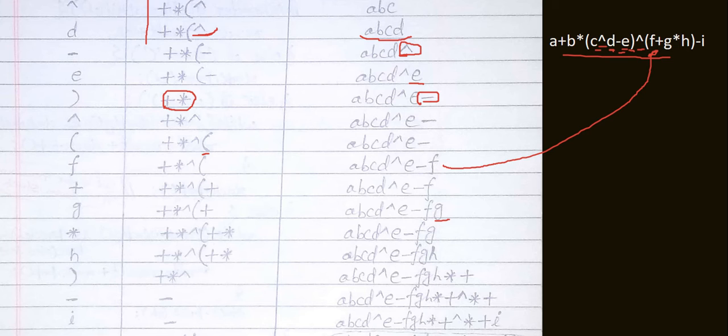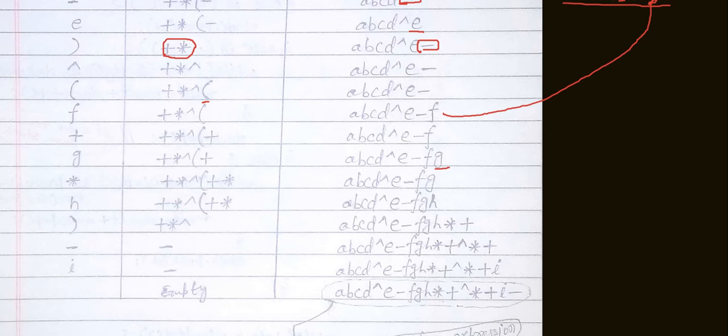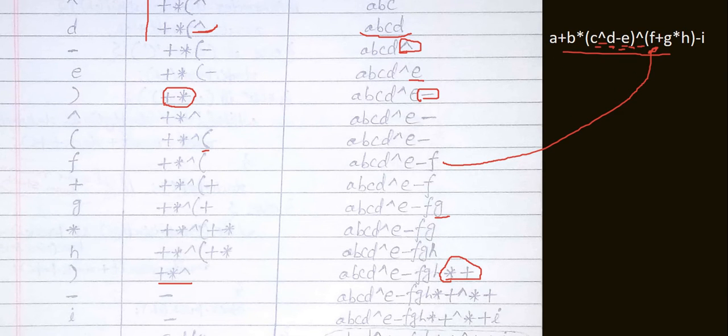Now again a closing bracket. After the closing bracket, as we know, all the operators will pop out one by one and be concatenated with the output expression. Now the remaining expression, and after this there is a minus operator.